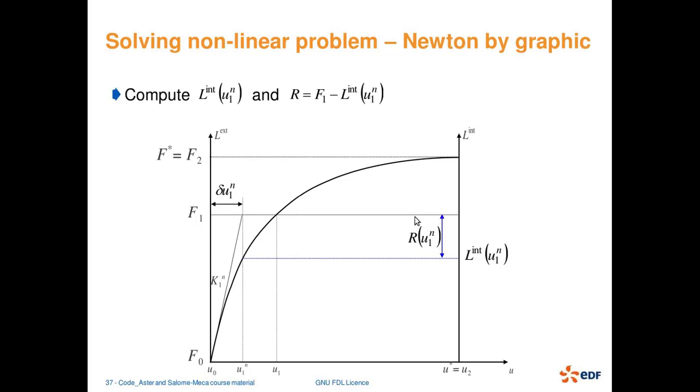If it is less than the acceptable error, then I will stop there. If it is not less than this acceptable limit, then I will recompute a tangent matrix at this level once again, and thereby I will get a new delta u1n, and adding this to the previous iteration deformation, I will get a new deformation here. So I am gradually moving towards the true deformation in that manner.